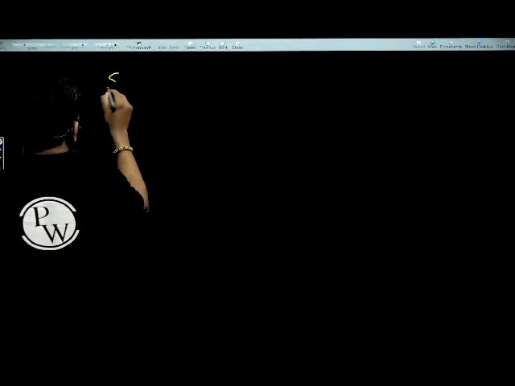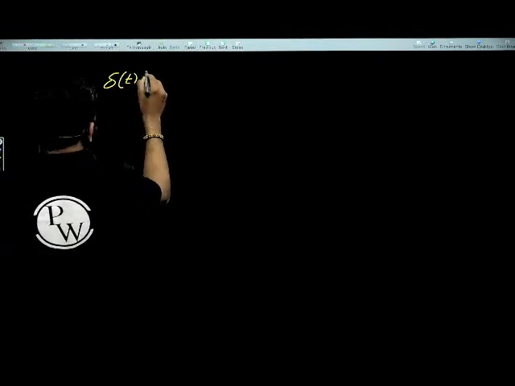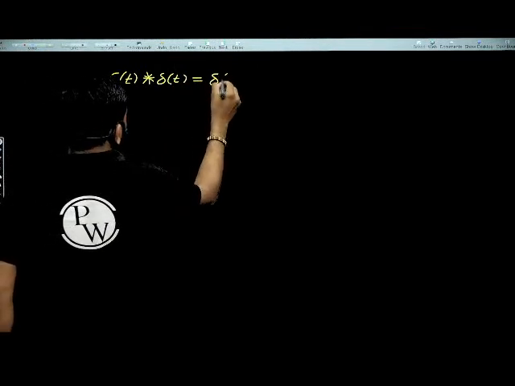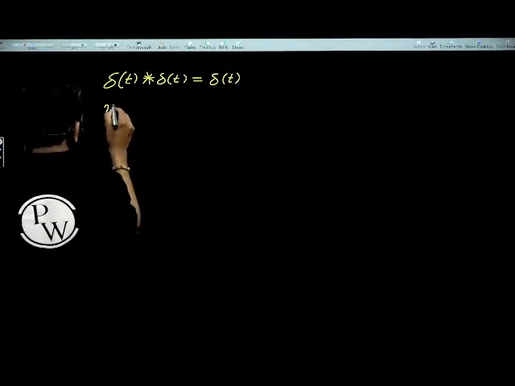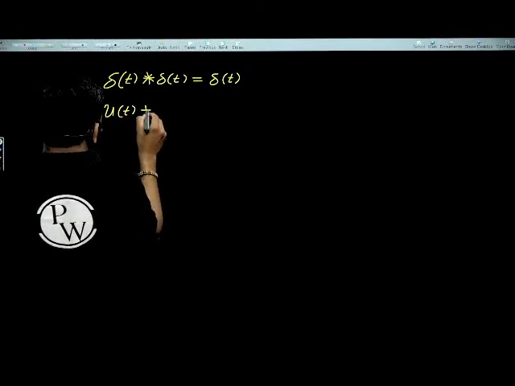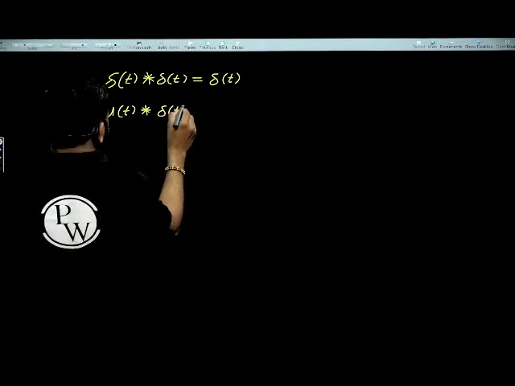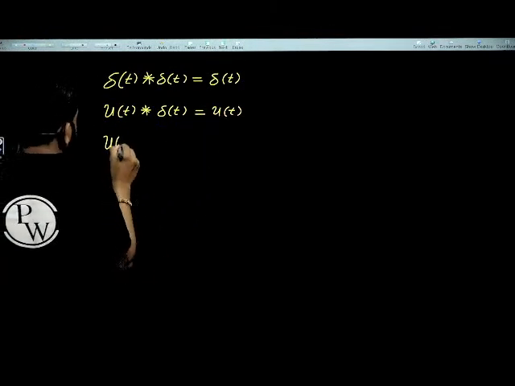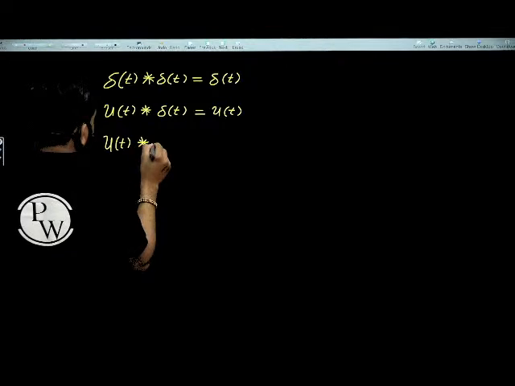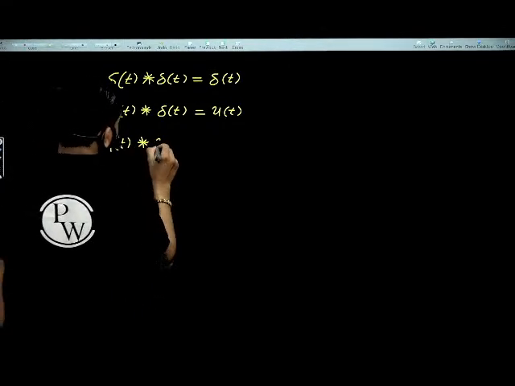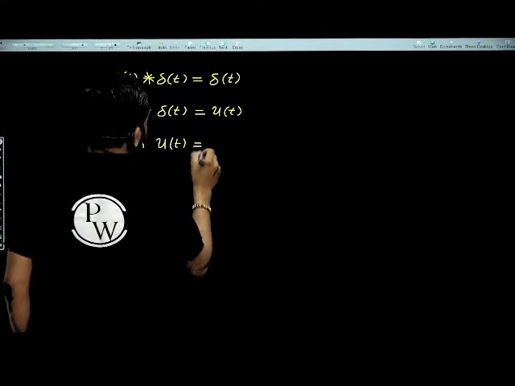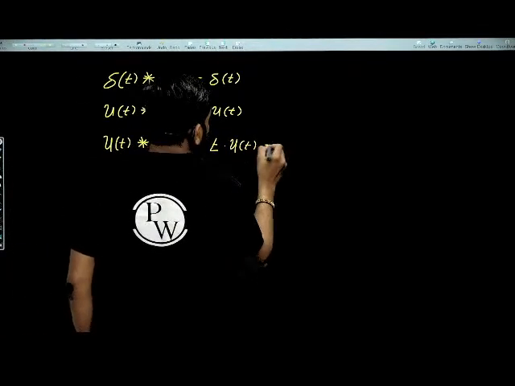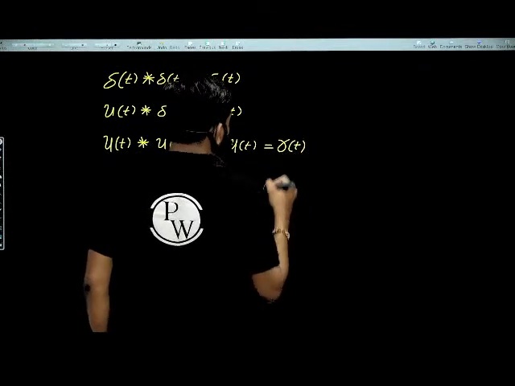Already we know that the convolution of del t with del t is nothing but del t only, then u of t with del t is also u of t, then u of t with u of t is nothing but t into u of t, which is the ramp function r of t.